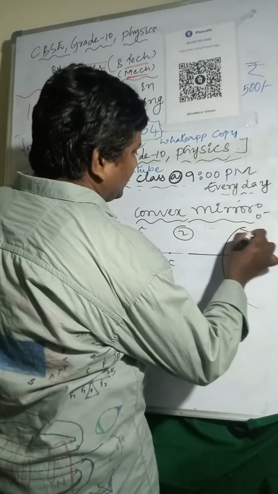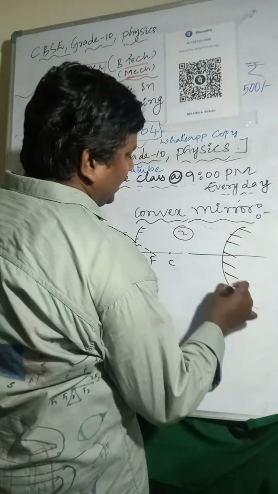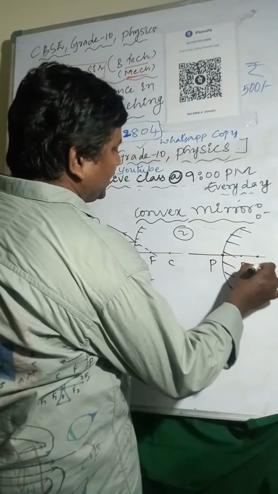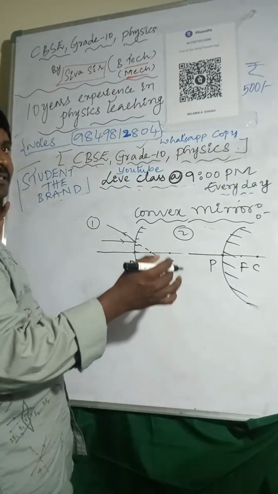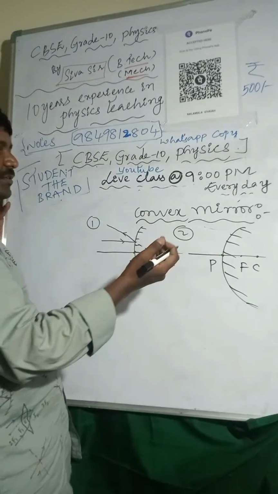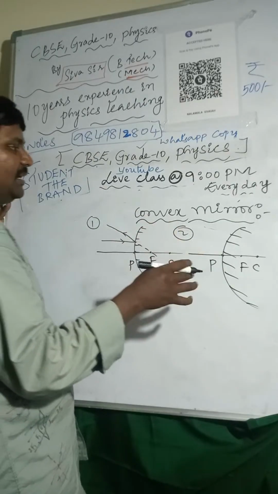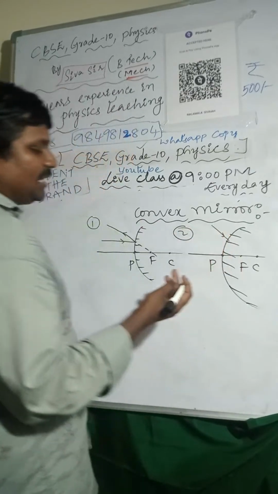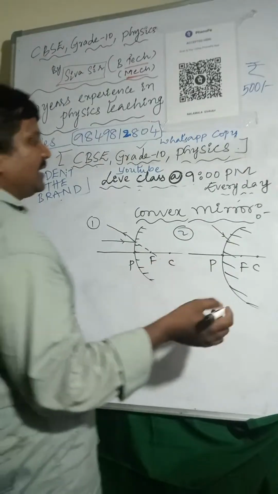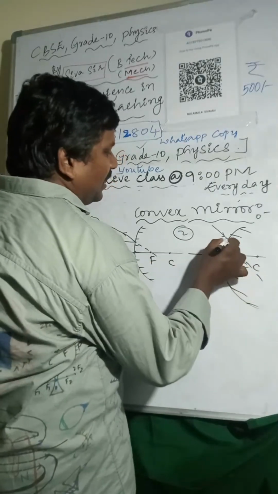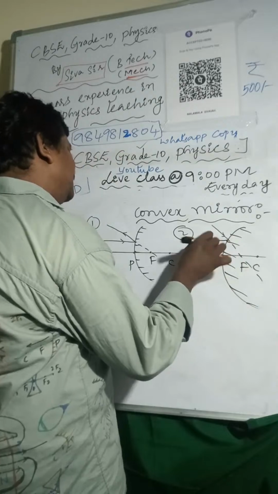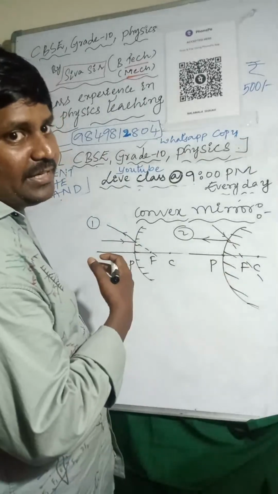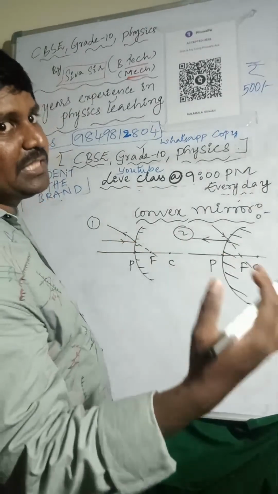Second one. Here I am taking pole, focus, center of curvature. If the light ray is passing through focus, after reflection it moves towards infinity.